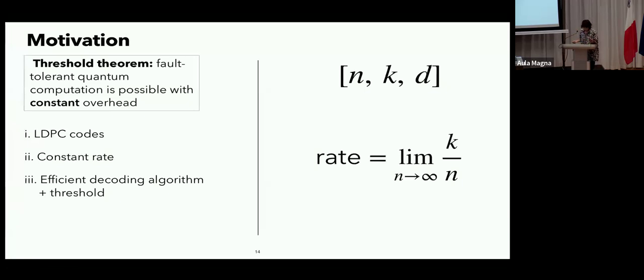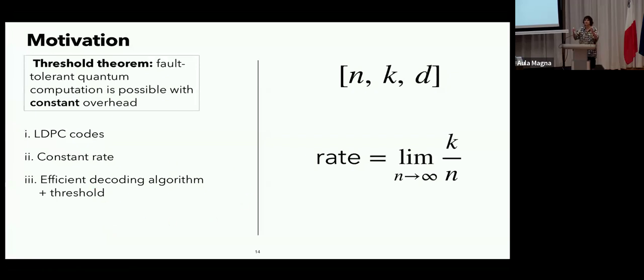Constant rate: when you have a family of codes, you take the limit of the ratio between the logical qubits and the physical qubits you use. This is the rate. And an efficient decoding algorithm and a threshold.